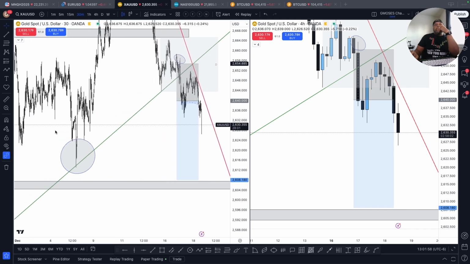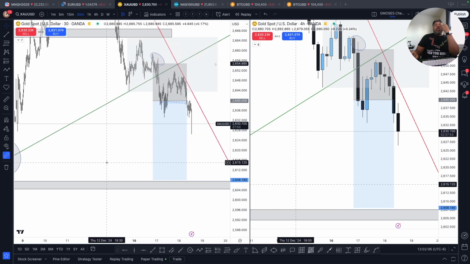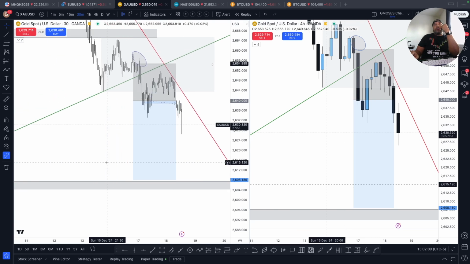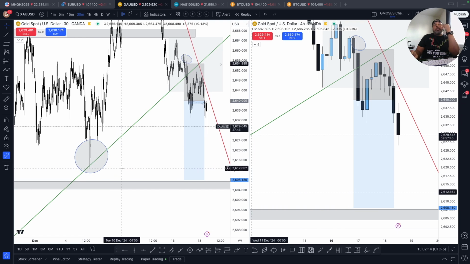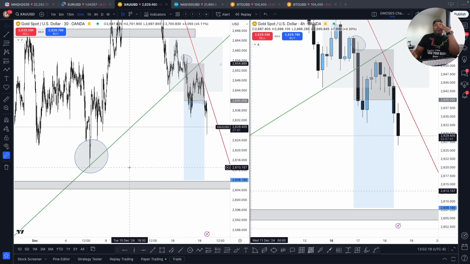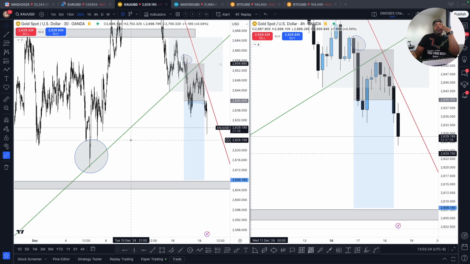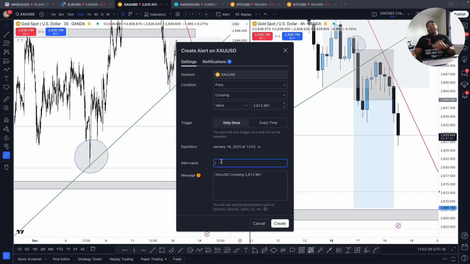I want to wait until price comes down a little bit further before I decide to move to break even. Possibly this area here. Okay. So, yeah, let's do that. And we'll do it there.